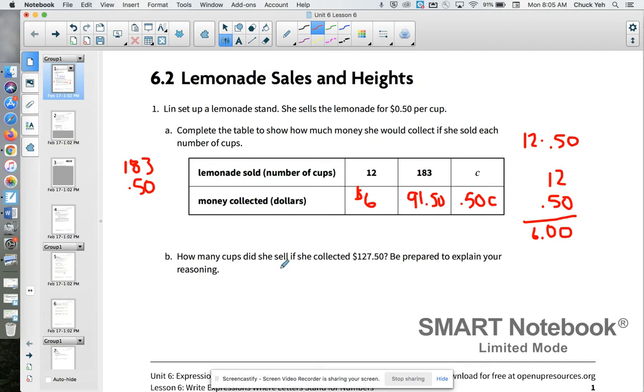How many cups did she sell if she collected $127.50? Be prepared to explain your answer, your reasoning. All right. So maybe one thing we can do is take 127.50 and maybe instead of multiplying, we divide by 50, right? We could do that.